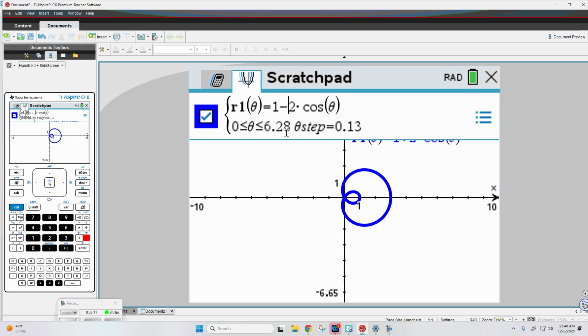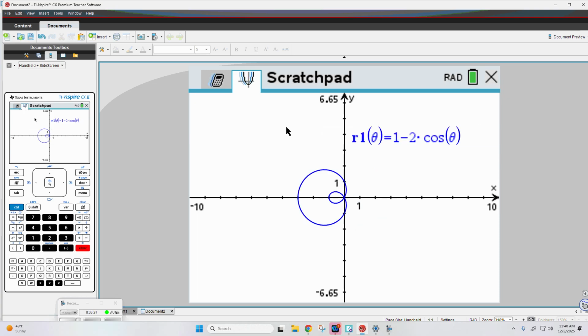What do you think it's going to do to that graph? Will it still be along the x-axis, or is it going to change to y? It's still going to be along the x, but what's going to happen to it? There you go. There you go. And you can sit here and play with this.